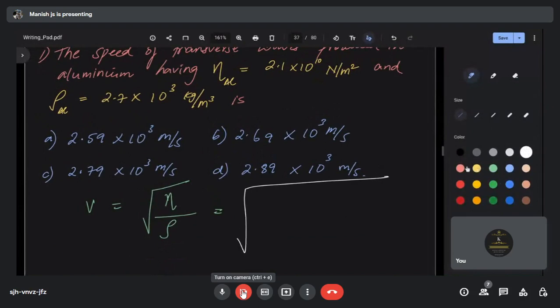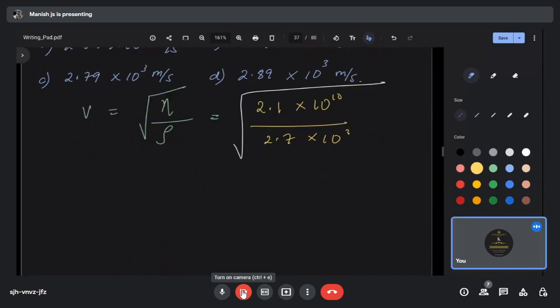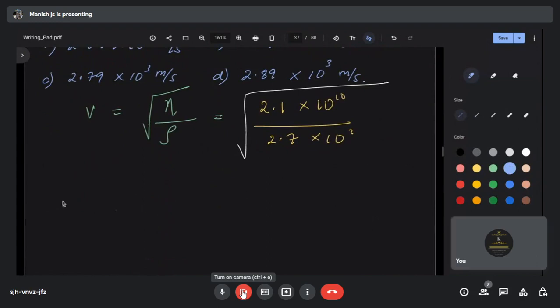We have to simplify correctly. When we simplify, the rigidity modulus was 2.1 into 10 power 10, and below that 2.7 into 10 power 3 was there.